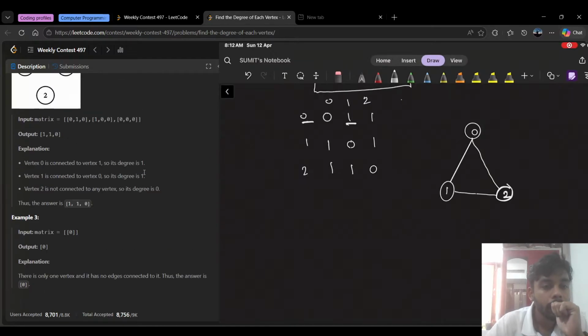So 1 2 0 0 0. i is less than matrix dot size, i plus plus, again for int j equal to 0, j less than matrix[0] dot size.